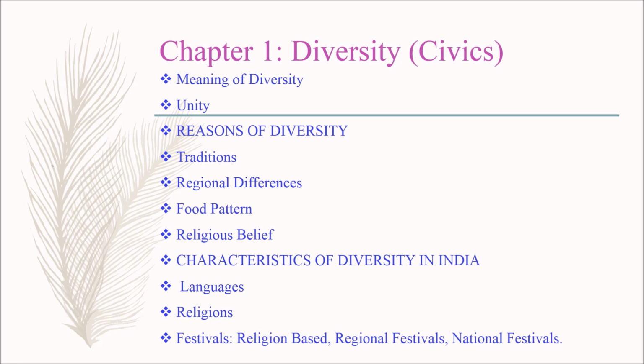Under this we have traditions, regional differences, food pattern, religious belief. Then characteristics of diversity in India. Under this we have languages, religions, festivals. Under festivals we have religion-based regional festivals and national festivals.